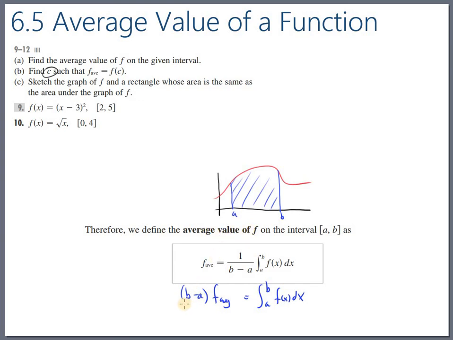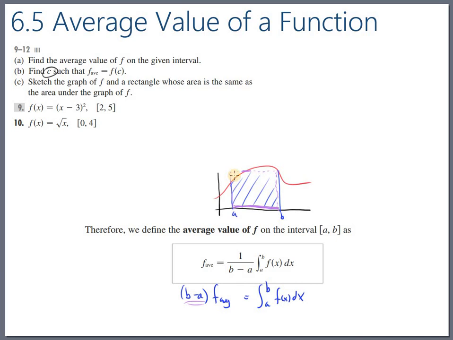The one part of it, b minus a, that's just the length of the bottom. And we're just multiplying that by the average of the function. The average, who knows what it is, but maybe it's about right here. So we're just multiplying it by that value, which gives us a rectangle.